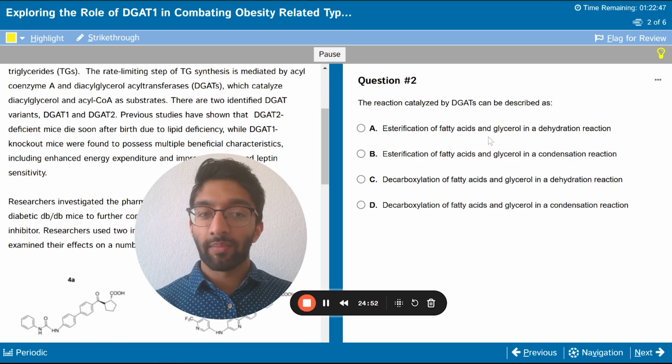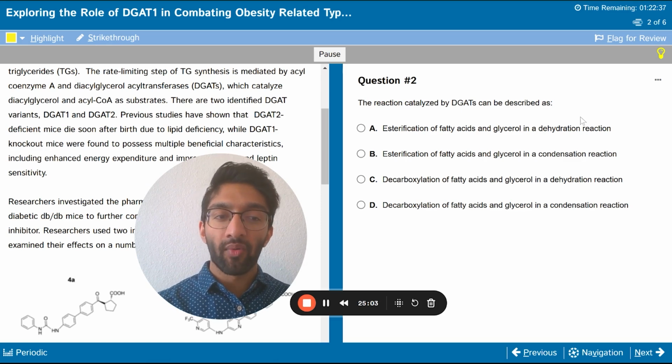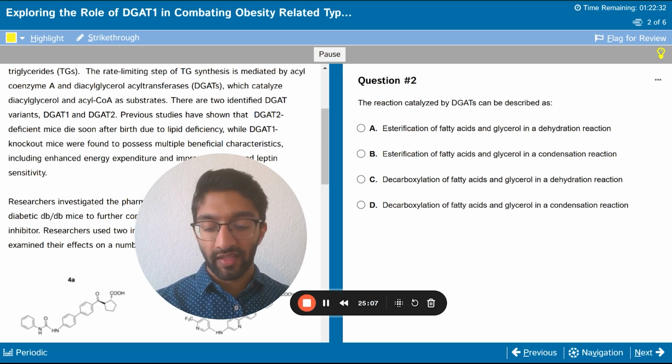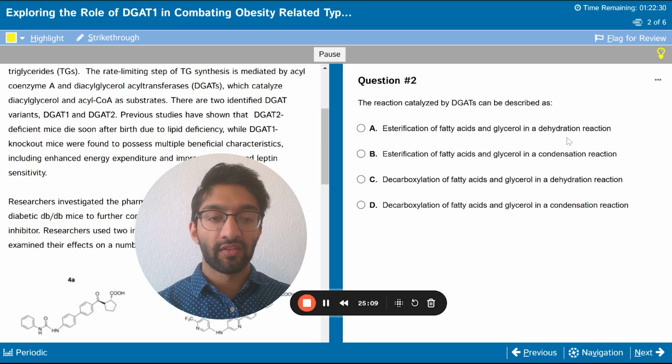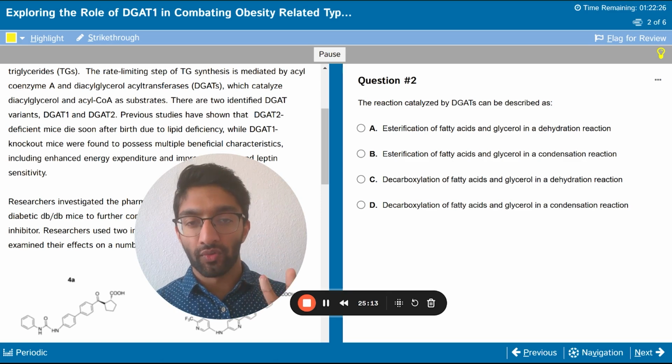And the next step is understanding, is esterification a dehydration or a condensation reaction? A lot of people get confused with these two terms because they seem quite similar, right? In both cases, technically a water is released, but the more specific thing that you have to understand here is, are we talking about one molecule or two?